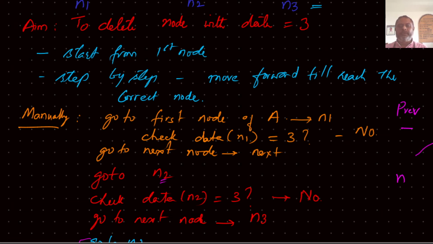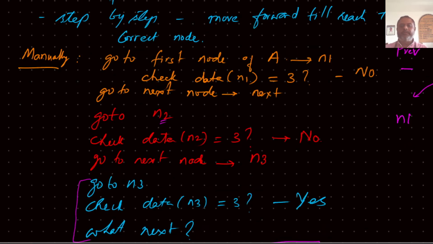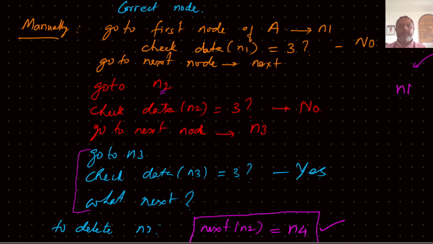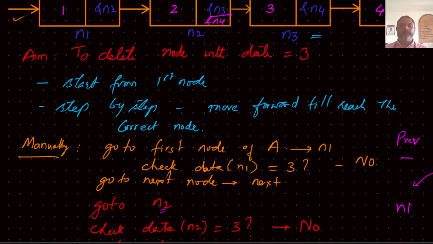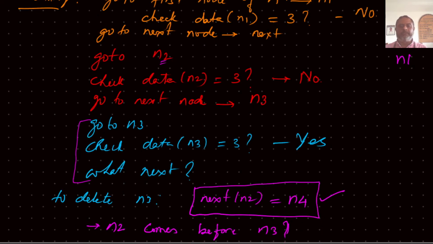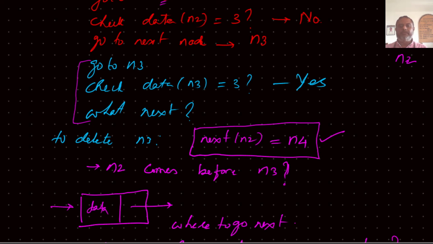Now we need to remember from where we have come, so we put that in previous. In N2, it is not what we wanted, so we move on to the next one. We go to N3, and this N2 we copy into previous. When we reached N3, yes, we found it.